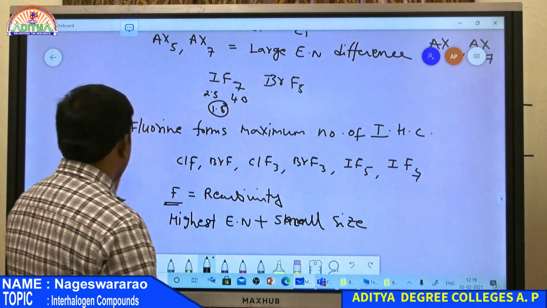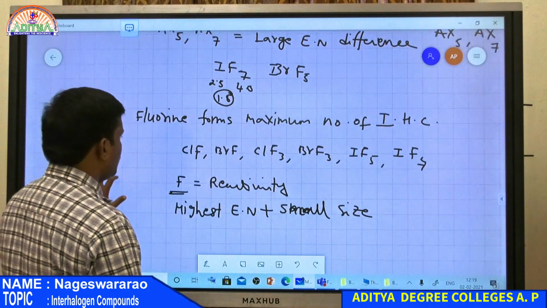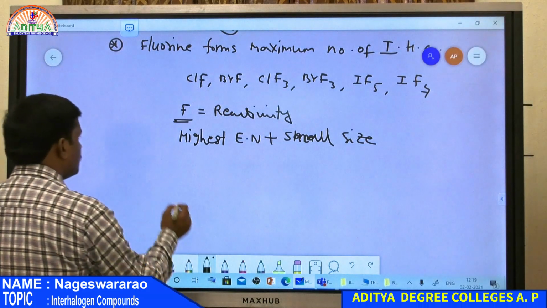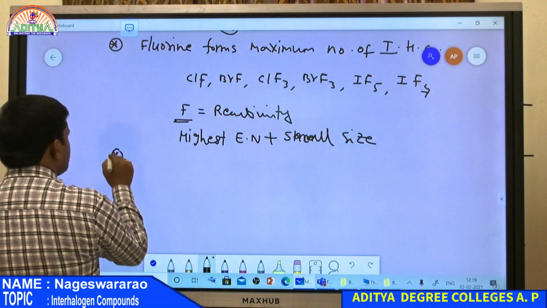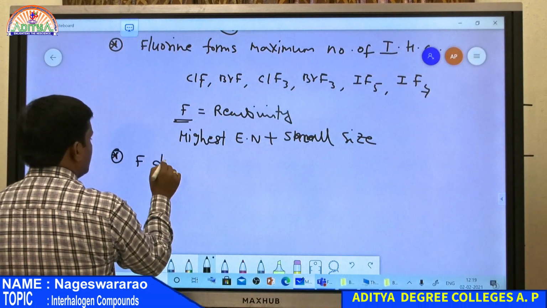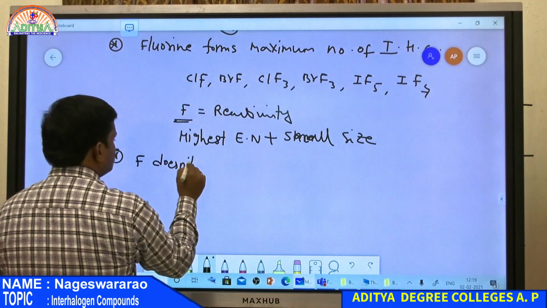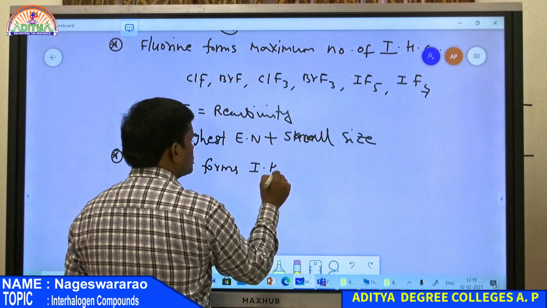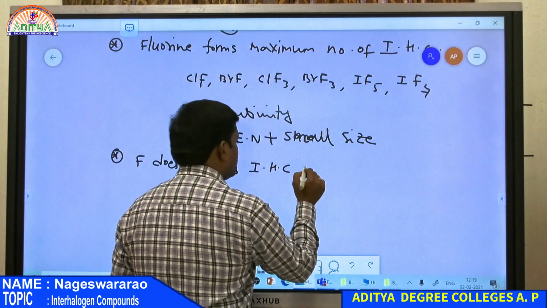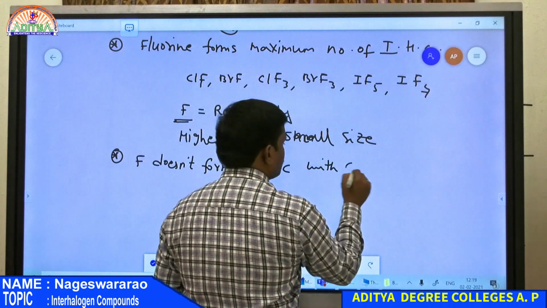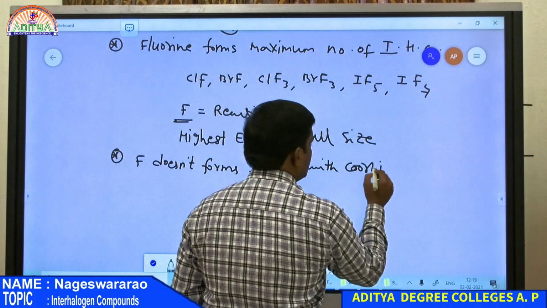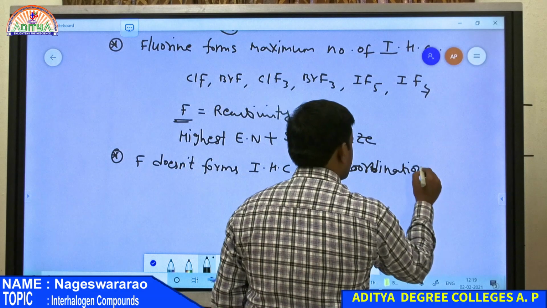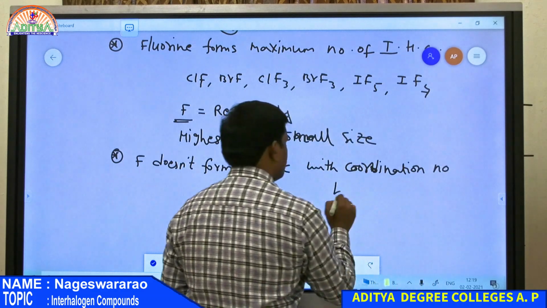So this is the next property, and the last property for interhalogen compounds is fluorine does not form interhalogen compounds with coordination number beyond 4.